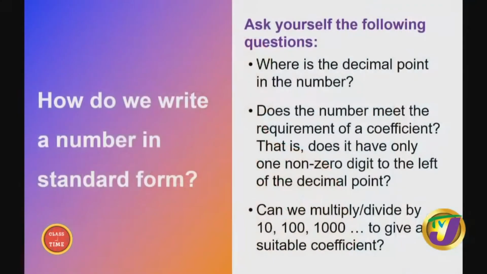When we are writing a number in standard form, there are some questions that we must ask ourselves. First, figure out where the decimal point is. Is there a decimal point in the number that we're trying to write in standard form? Second, does the number meet the requirement of the coefficient?